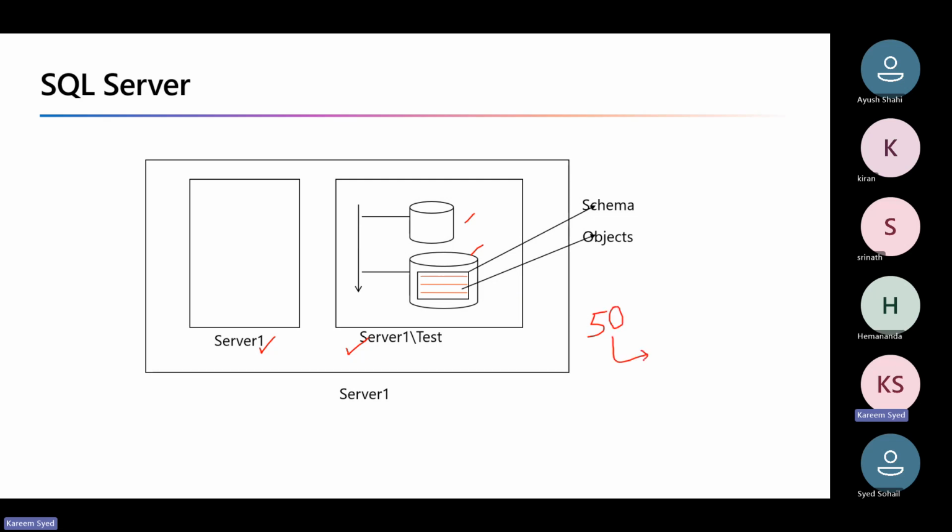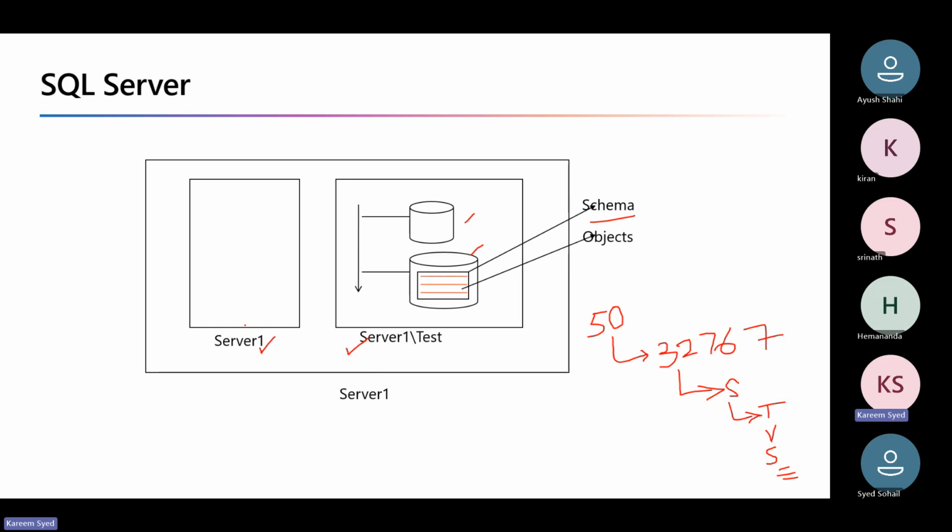Under each instance we can have 32,767 databases. Under a database we have something called a schema. Under that we have objects, like tables, views, stored procedures, functions, triggers. This is your hierarchy.